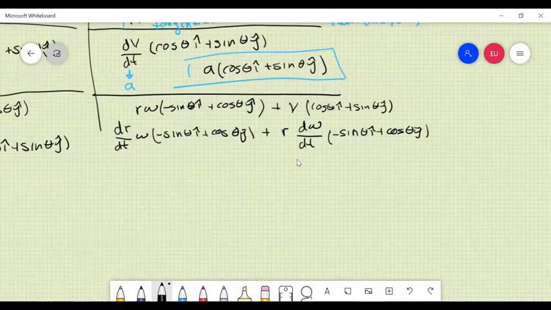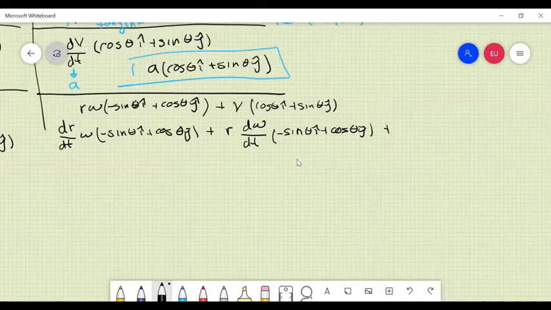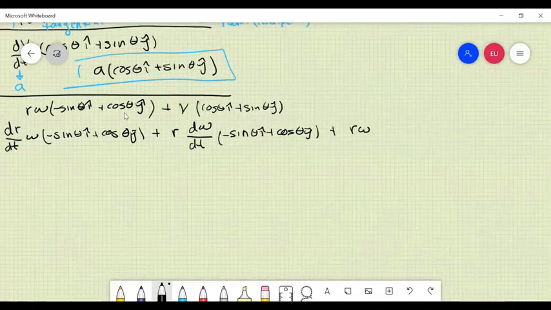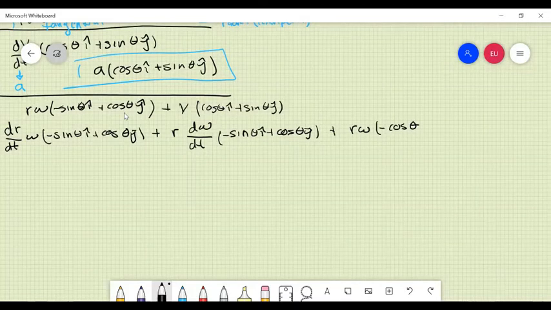Now I derive the third one. So I have r, omega. And what do I get when I derive the third one? Which is the derivative of minus sine? It was minus cosine, right? Minus cosine of theta and the change of theta with respect to time. Okay.